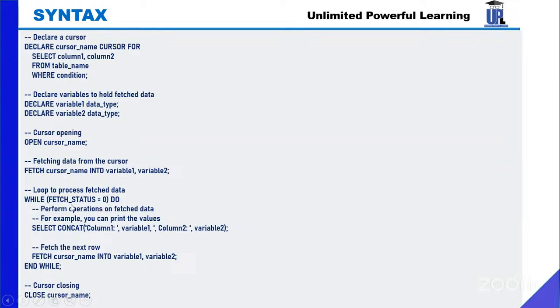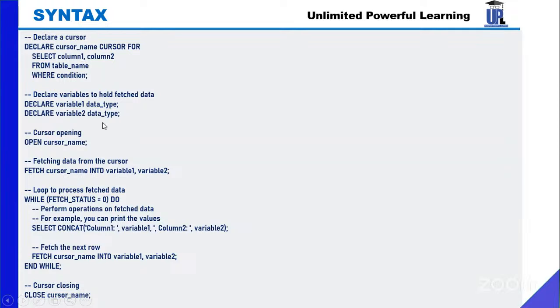If it exists, it can go to the loop, process the fetched data, and we can perform whatever operations we want. Once again, record by record, every time you have to fetch and you have to process. Then the while loop, once it is done, will be completed. Once the cursor is used, we close the cursor name. That means we have the declaration part.